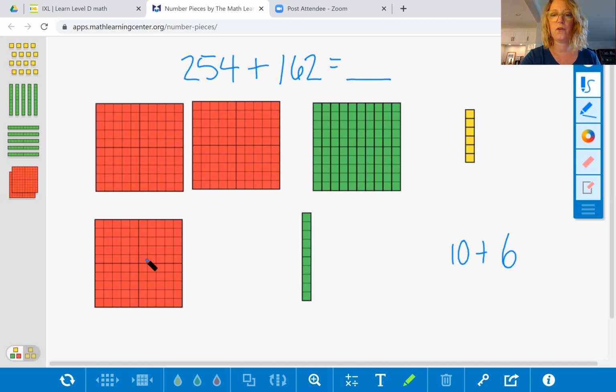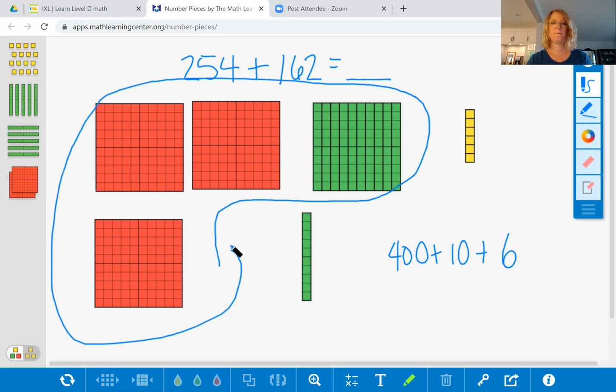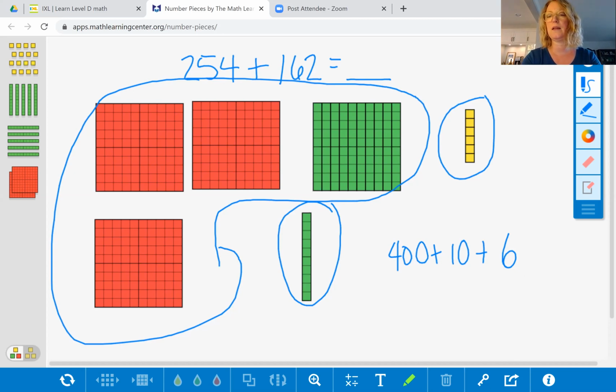Yep, I have 4 hundreds. So I figured out I have 4 hundreds, 1 ten, and 6 ones. And then I write this here, 400 plus 10 plus 6. What is 400 plus 10 plus 6? You are absolutely right. 416. There is our answer.